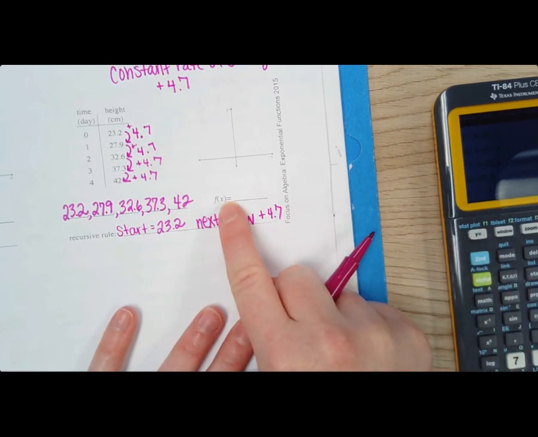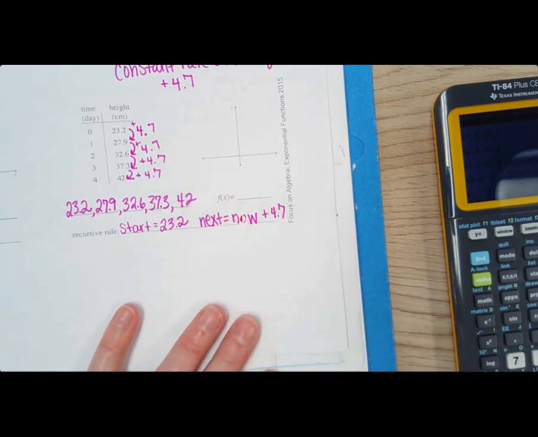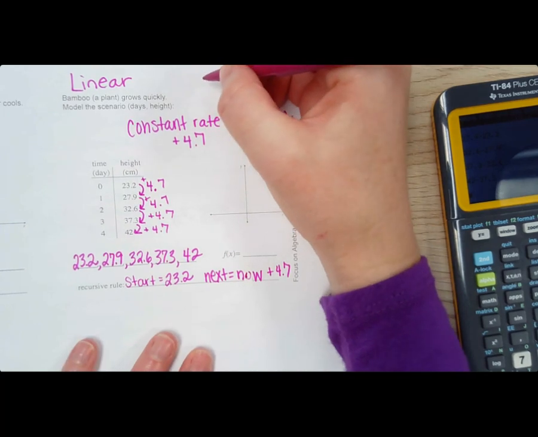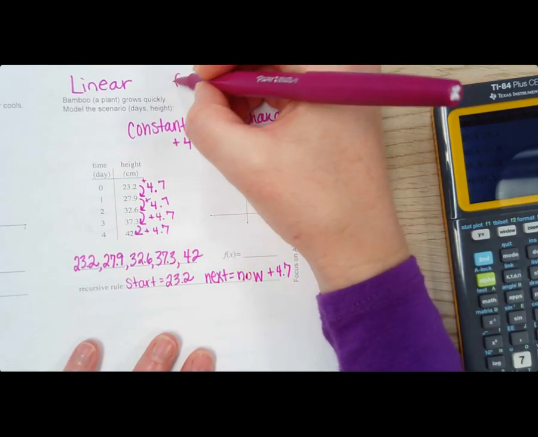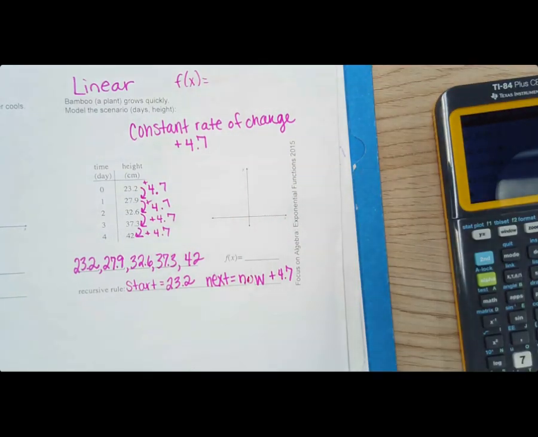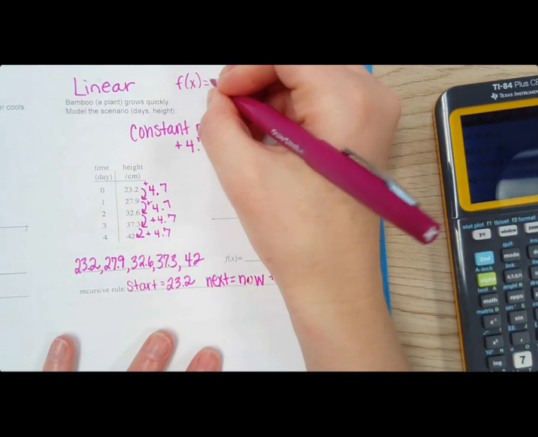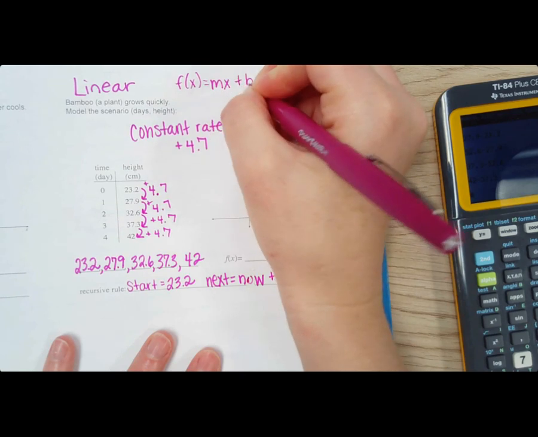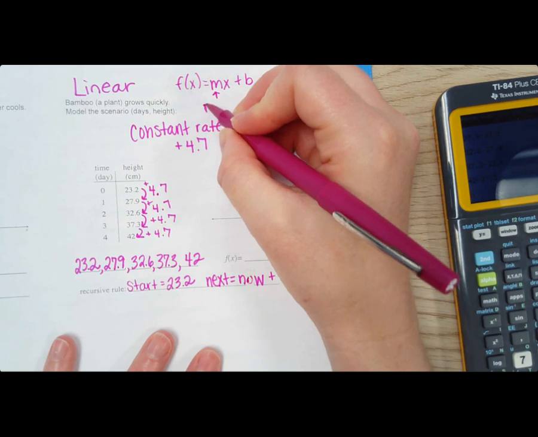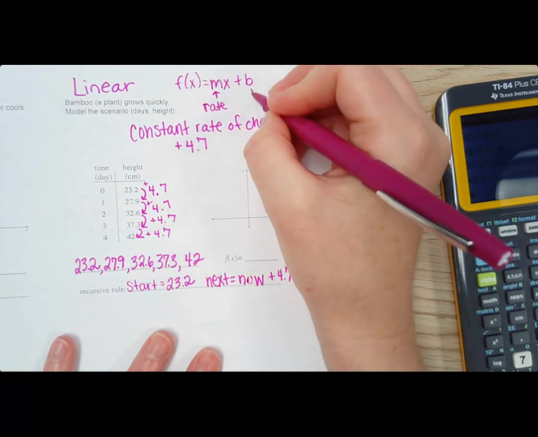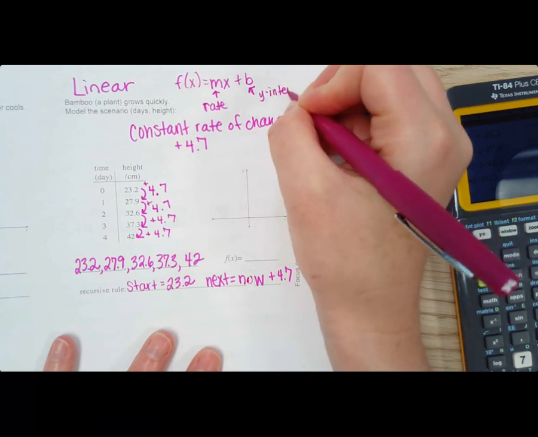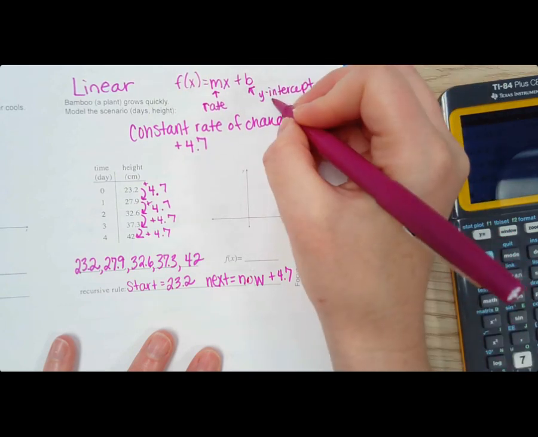Okay, now how do we write our equation? For linear, what is the equation format? How do we write the equation? Yeah, mx plus b. And what does the m represent? Slope or rate. What does b represent? Y-intercept, which is also called what in this case? Yeah, the start.